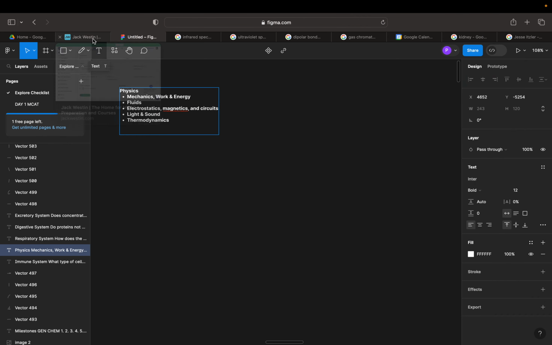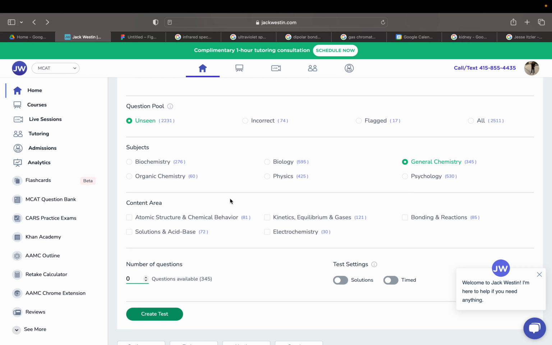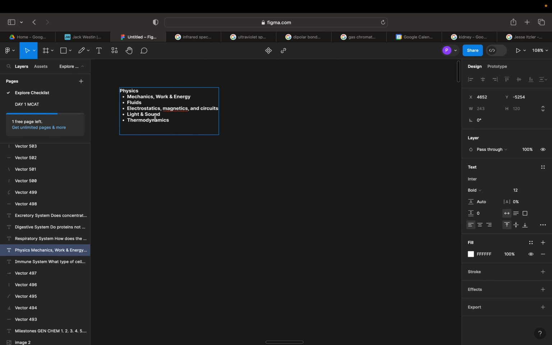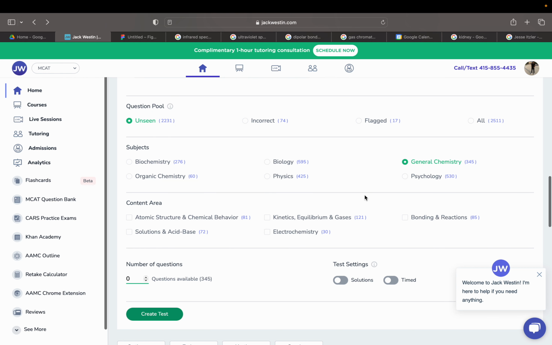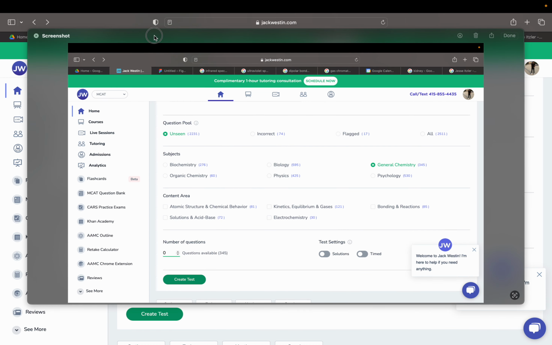And then we have the general chem. So we have Gen Chem, which goes as we have this here.